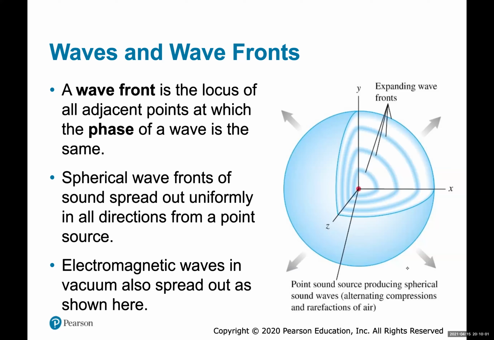Just like we talked about a radially symmetric distribution of charge on an insulating sphere, for example, we might be interested in using spherical coordinates to talk about the Poynting vector and the direction of propagation being not along the x-axis, but along the radial direction.